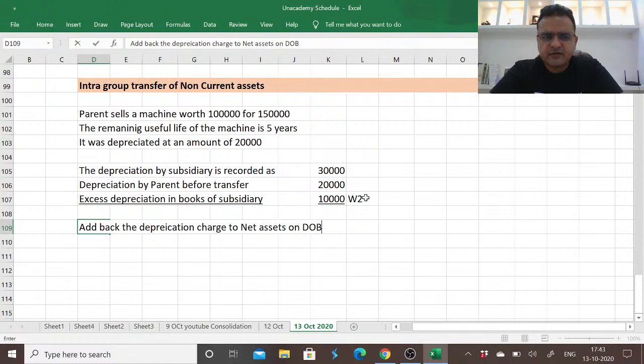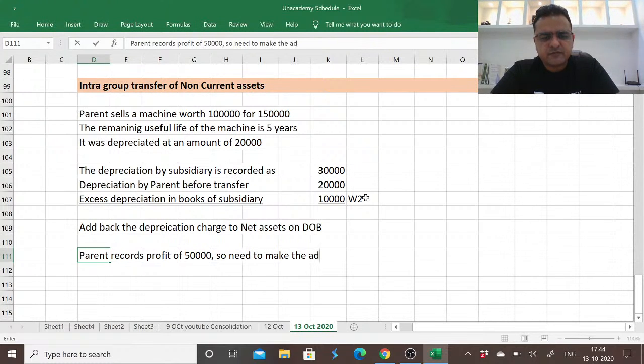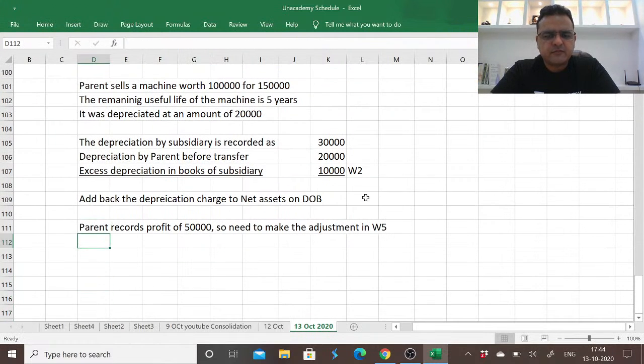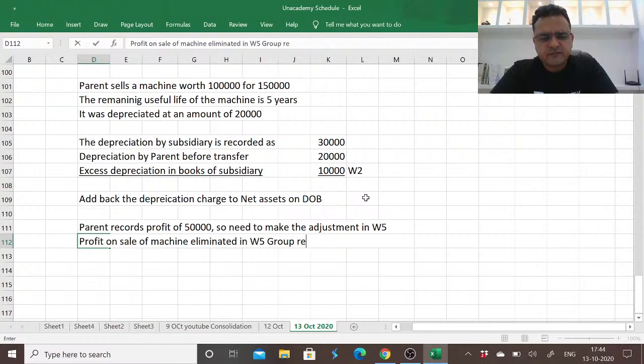This adjustment, and the parent records a profit of 50,000, so we need to make the adjustment in working note number 5. Profit on sale of machine is eliminated in working note number 5, group retained earnings.